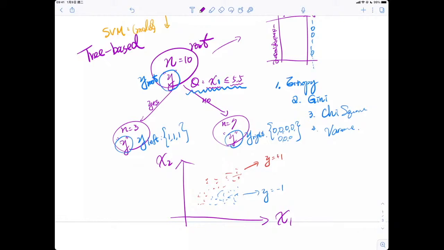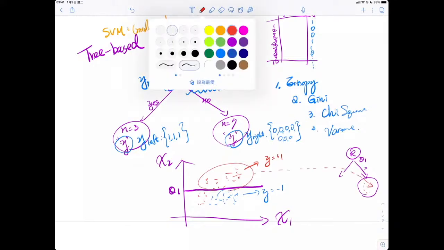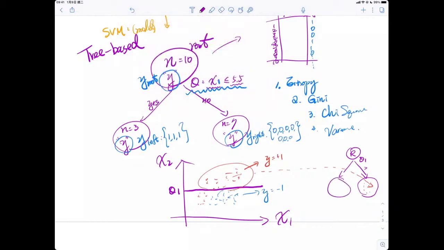So sometimes the first question should look like this. That is the first question. If x2 larger than some value, so the left hand side is larger, okay? So the right hand side, they are all reds. This data point is right here. And left hand side is right here.